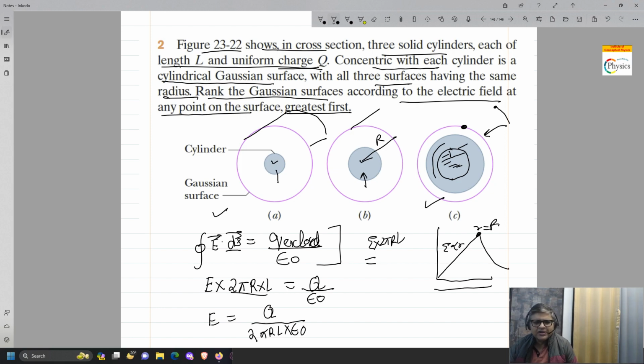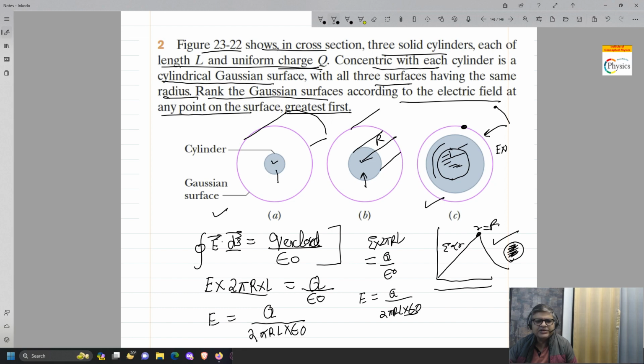The figure I've drawn is just a quick recall for when you have a spherical, volumetric charge distribution. There is nothing like this in this question. This is a cylinder. E is equal to Q enclosed upon epsilon naught. Again, the electric field comes out to be Q, the total charge, divided by 2 pi r L into the permittivity of the vacuum. And even if you consider the third figure, you still have the same scenario.